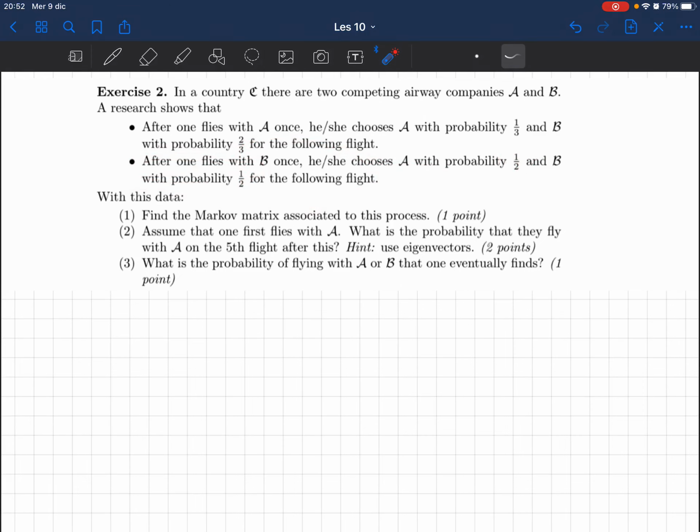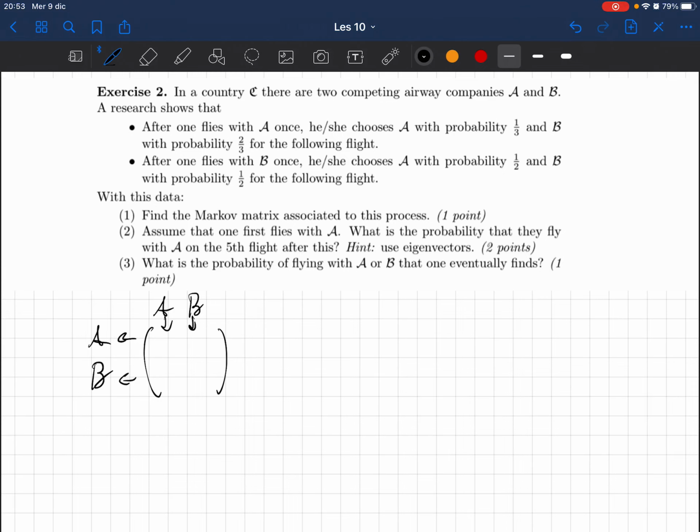So this is called a Markov process. It's not really important that it's called this, but it's another exercise on organizing data with matrices. So let's think. Let's put, as usual, our input A and B here, and here our output of this process.